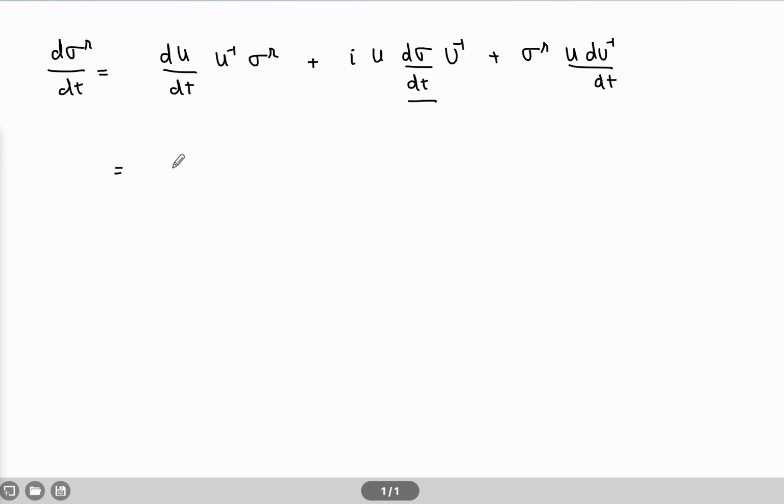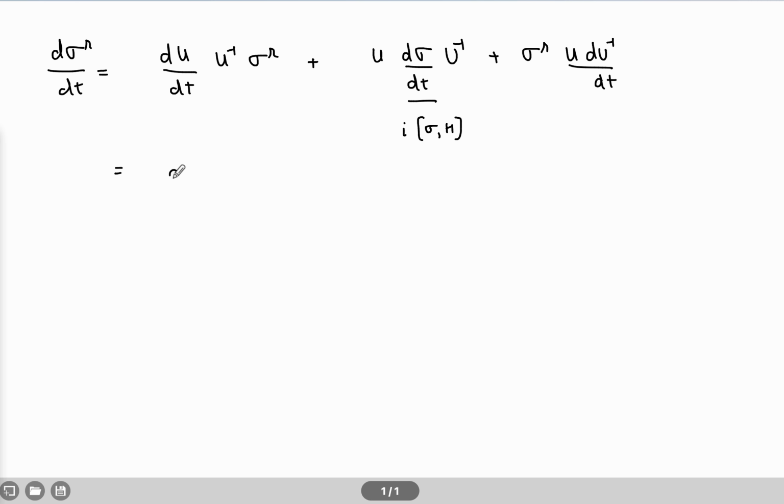So now I will write this as, there was no I over here, sorry, right? So I will write this as I sigma h, right? This can be written as I sigma h.